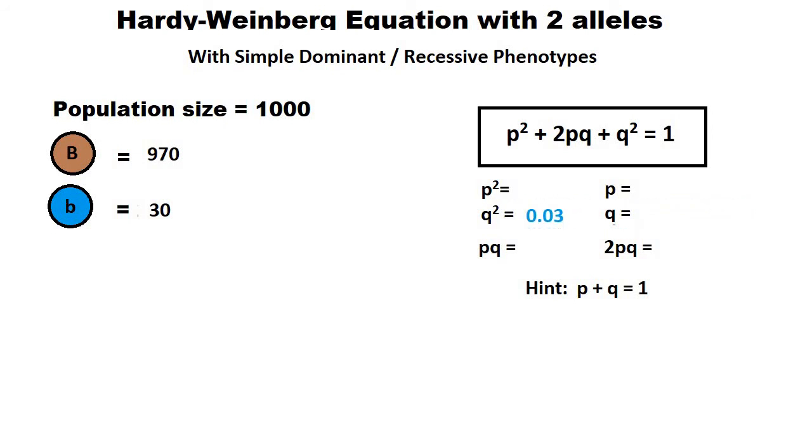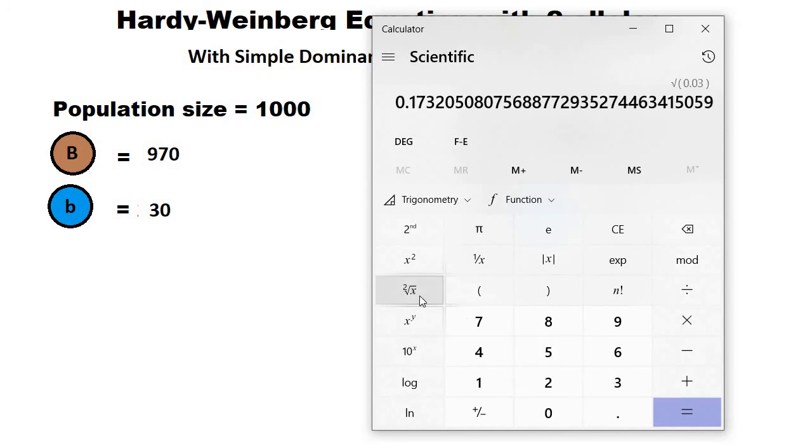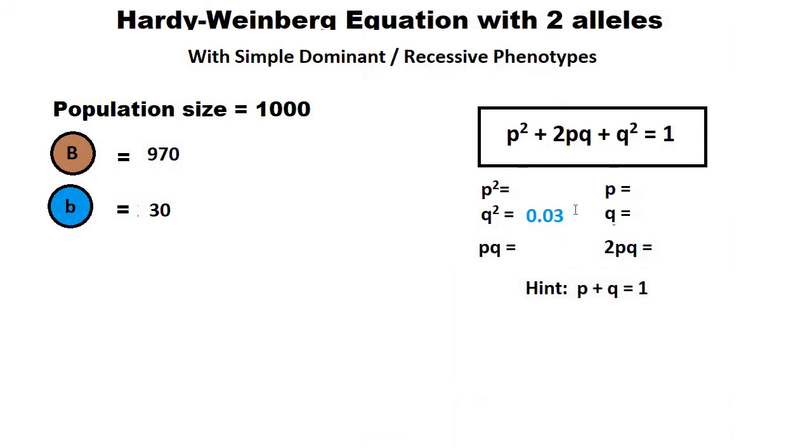And we're going to do the same thing we did before to figure out q. We're going to put in 0.03 and we're just going to square it. Real simple. Another long small number. We're just going to call that 0.17.